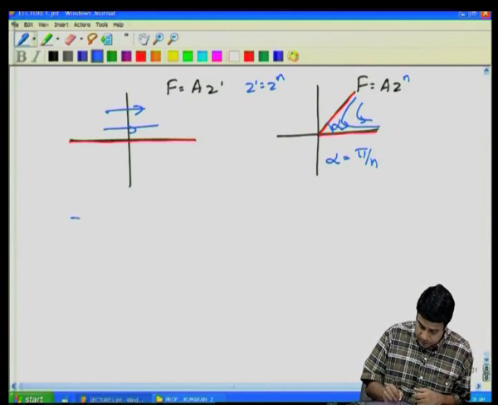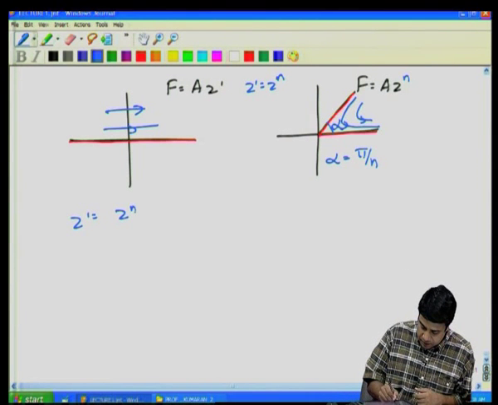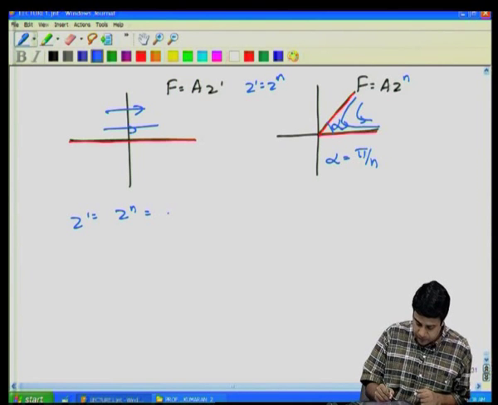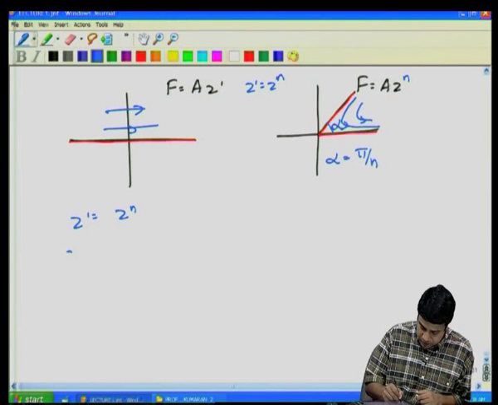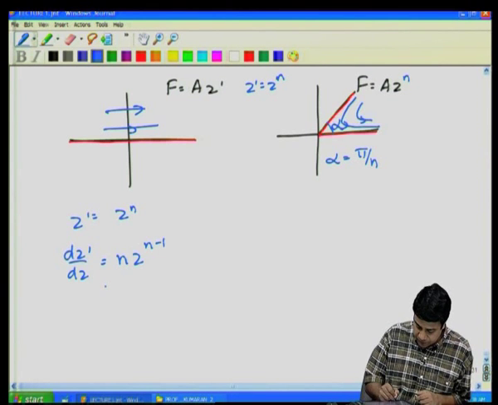Therefore, I have z prime is equal to z power n, so the derivative dz prime by dz is equal to n z power n minus 1.